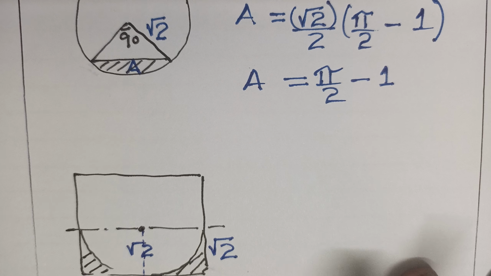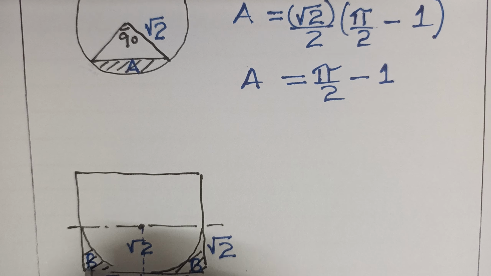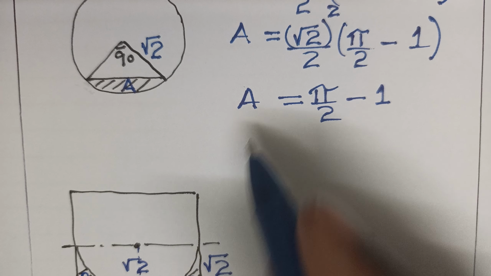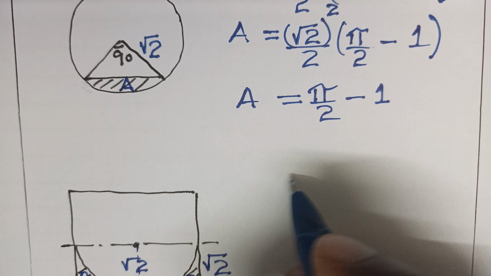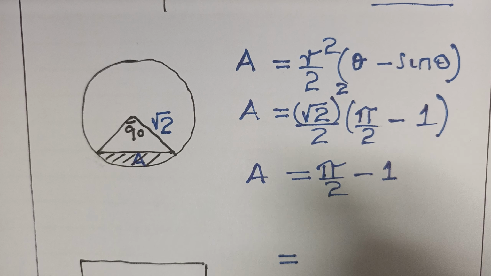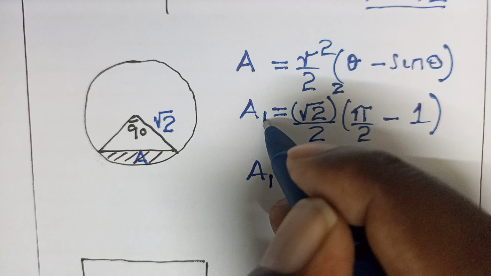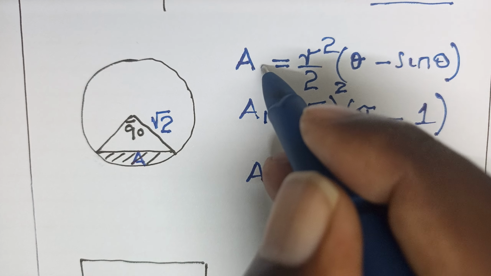And so guys, for us to get the area here, which we are calling B, we are going to have the area of the rectangle. Maybe we can call the earlier one A1, so that we don't confuse it with the area.